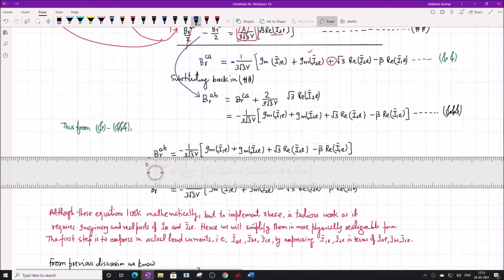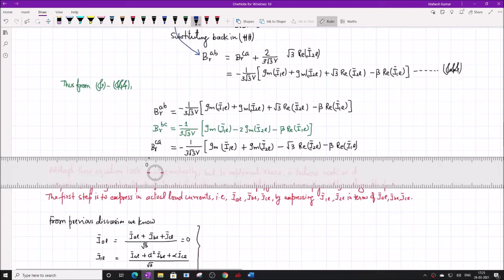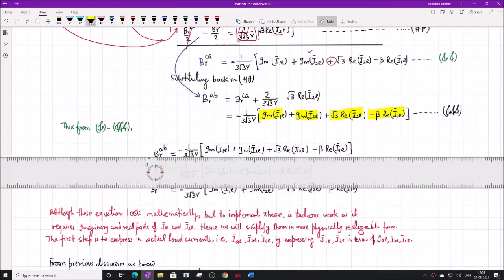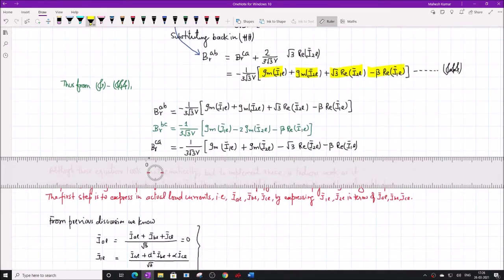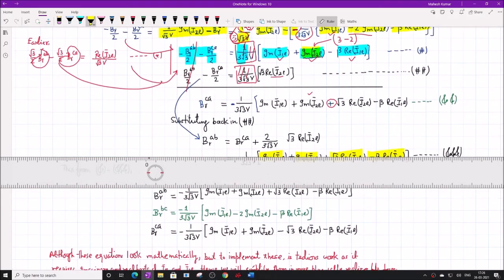Okay, and we solve this, then we will get this term here, minus 3 by 3 root 3b, imaginary of I1L plus imaginary of I2L plus root 3 real of I2L minus beta real of I1L. Okay, the only difference is that it should be negative here, I think, not positive.